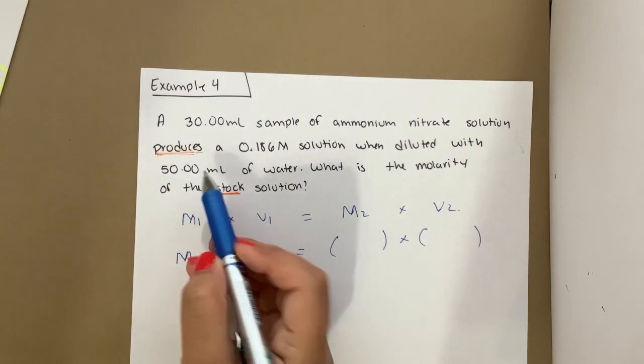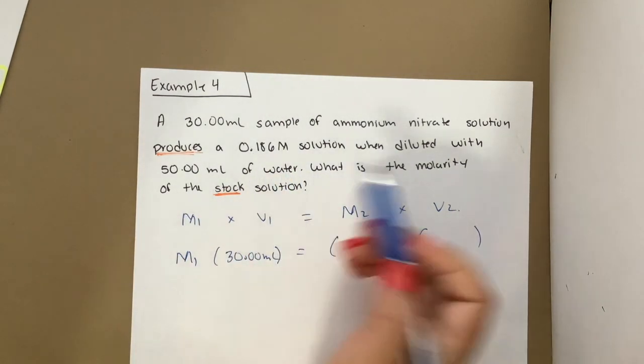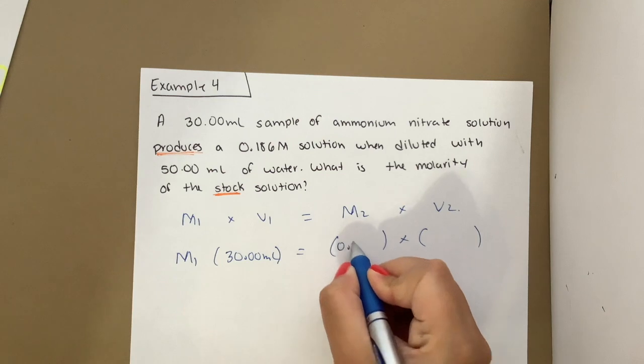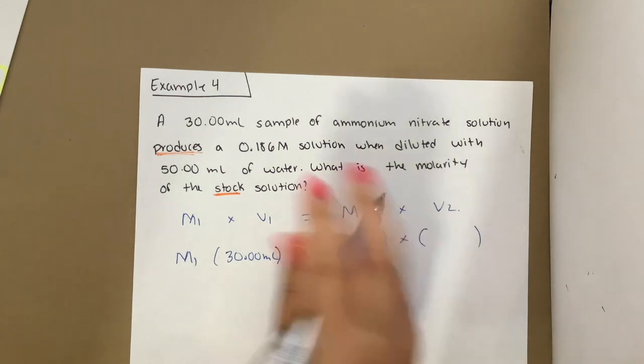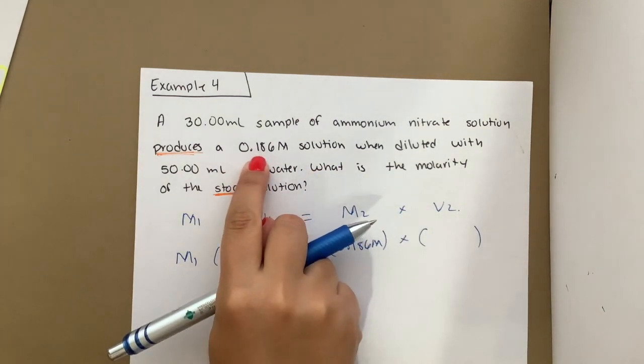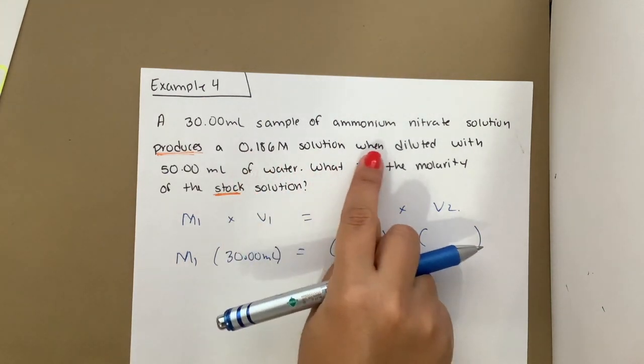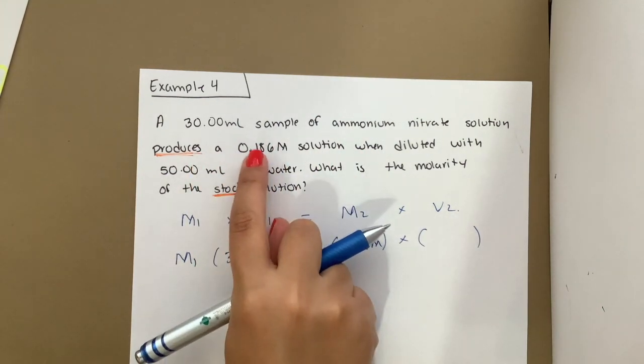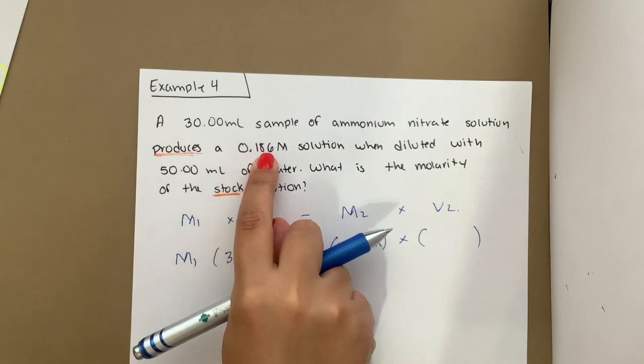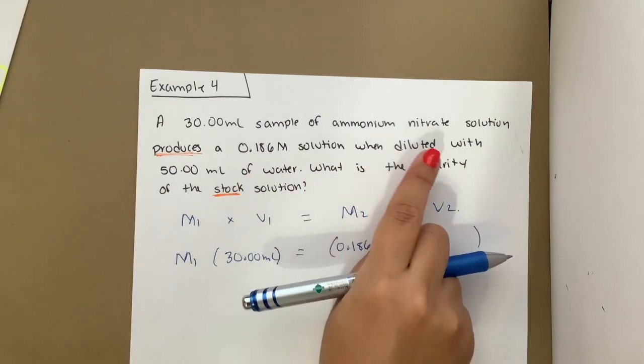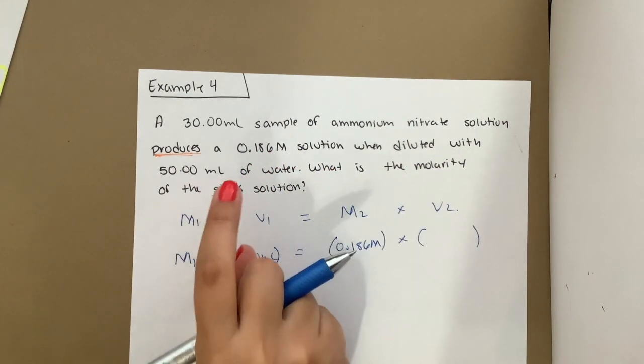So when we dilute it, we're going to get a solution that has a concentration of 0.186 molar. So this is going to be our final molarity or final concentration. Produces a 0.186 molar solution when diluted with 50 milliliters of water.